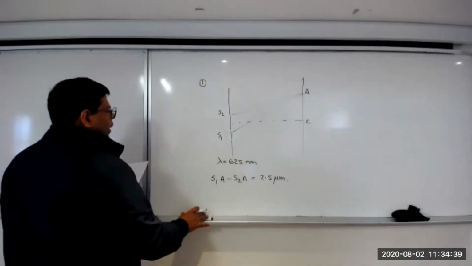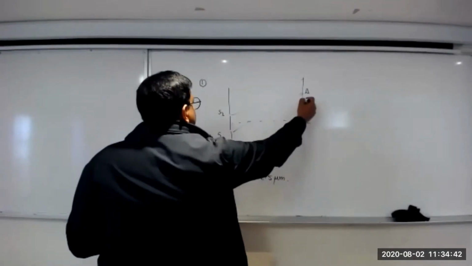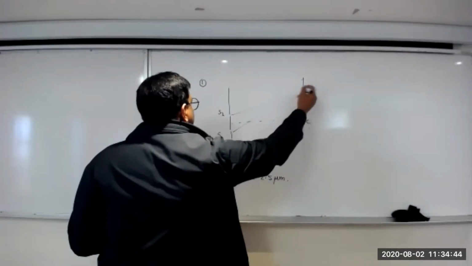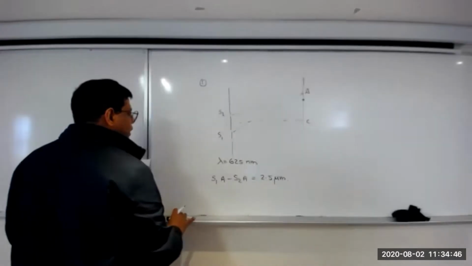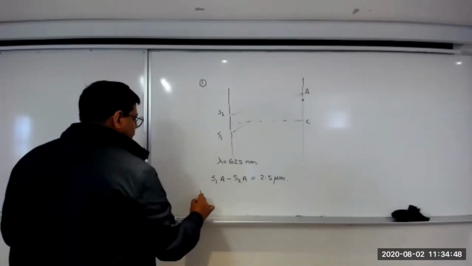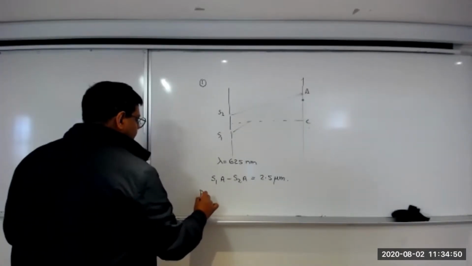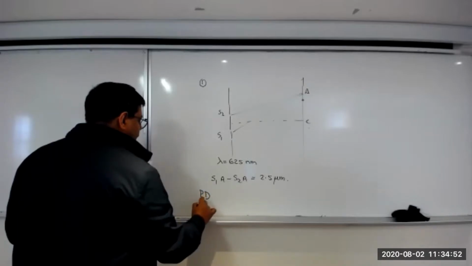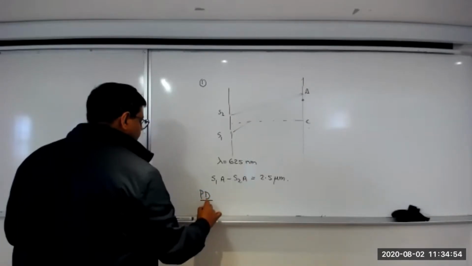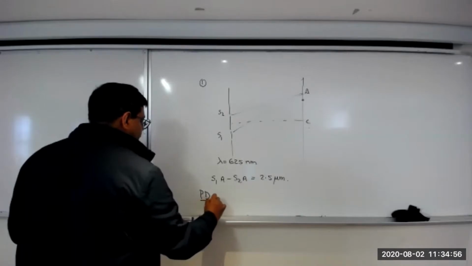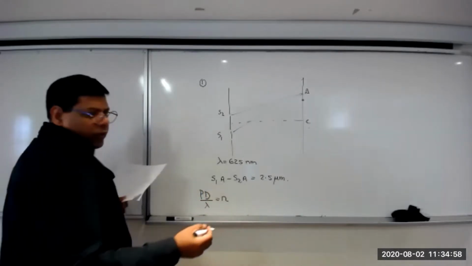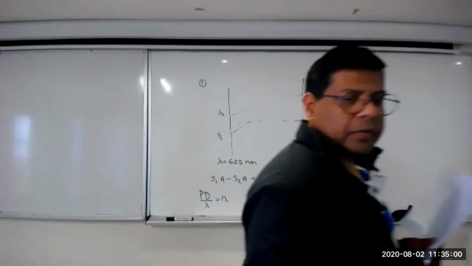If I want to find which bright band or which dark band is at point A, the best thing to do is divide the path difference by the wavelength. That will give you the n value. If n is a whole number, then you can work it out.